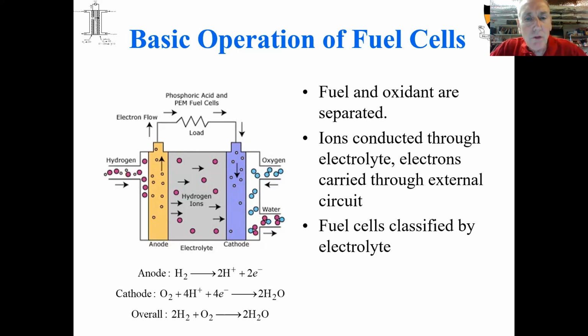And in this case, we're going to look at hydrogen fuel cells, where at the anode, we have oxidation of hydrogen. At the cathode, we have the reduction of oxygen to water. And overall, we are making water.